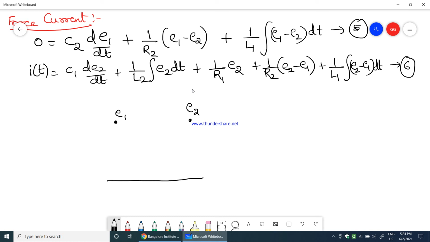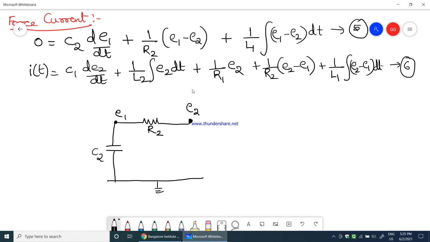So this is ground. C2 is connected only to E1, therefore you will have C2 between E1 and ground. Then I have R2 which is connected between E1 and E2, therefore I will have a resistor R2 connected between E1 and E2.